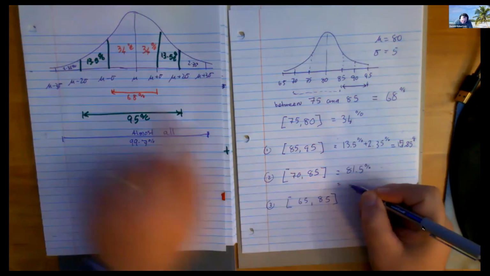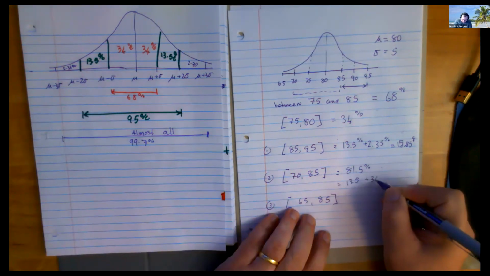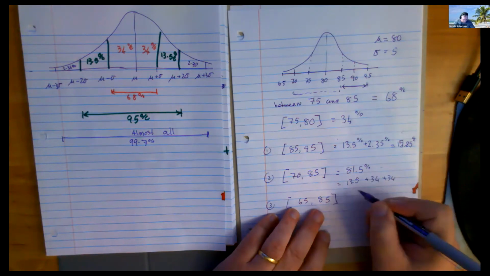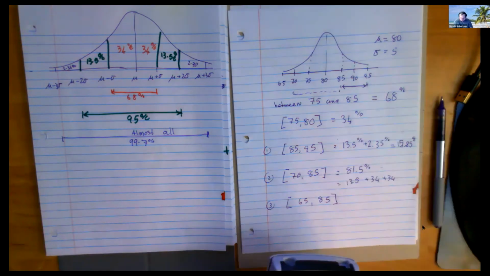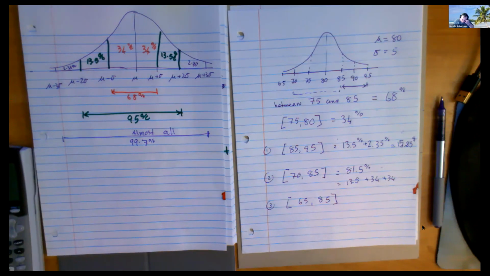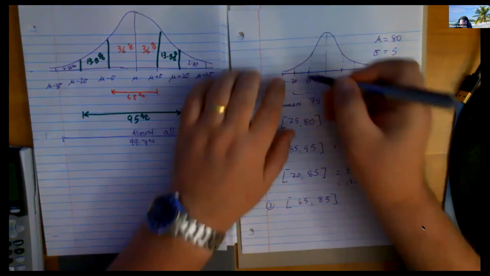I'll write it down and check. What do I get? I get a piece of cake that's 13.5. I get a 34. I get a 34. It might be I just can't count in my head, so I won't even risk it. A 13.5, add a 64. I get 77.5. Now you want to check that in case I'm wrong. If you start at 70, you're here, right?